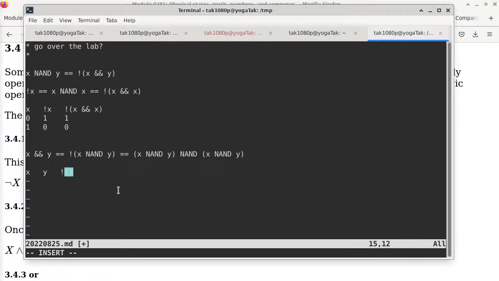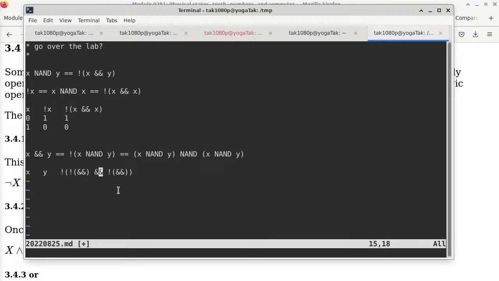So in this case, we have an outer NAND, and then we have two inner NANDs. Okay. So I have just put in the structure of the operators first, and this is actually typically how I write expressions as well as program code, is to put in the structure and then go back in and fill in the components for the structure.